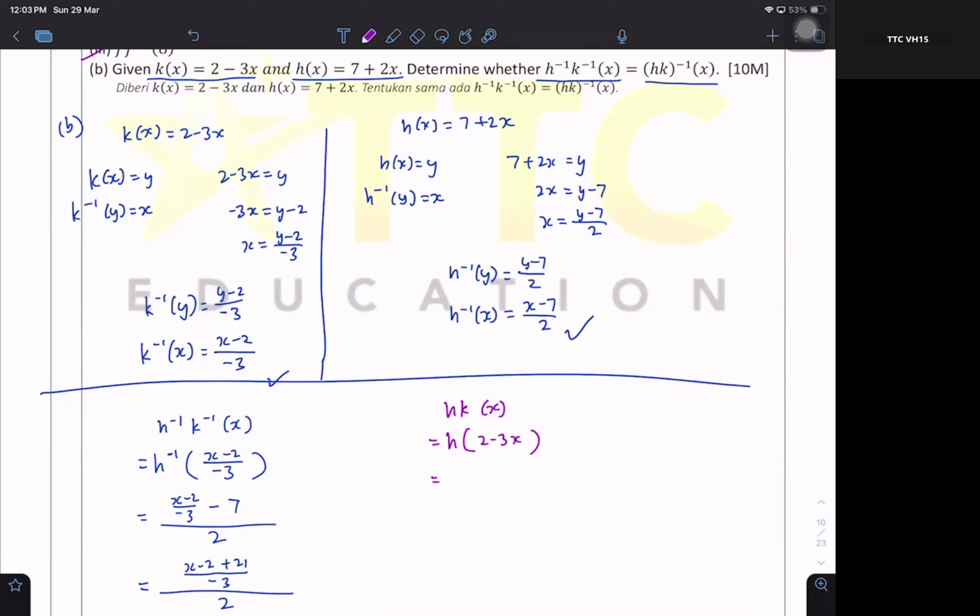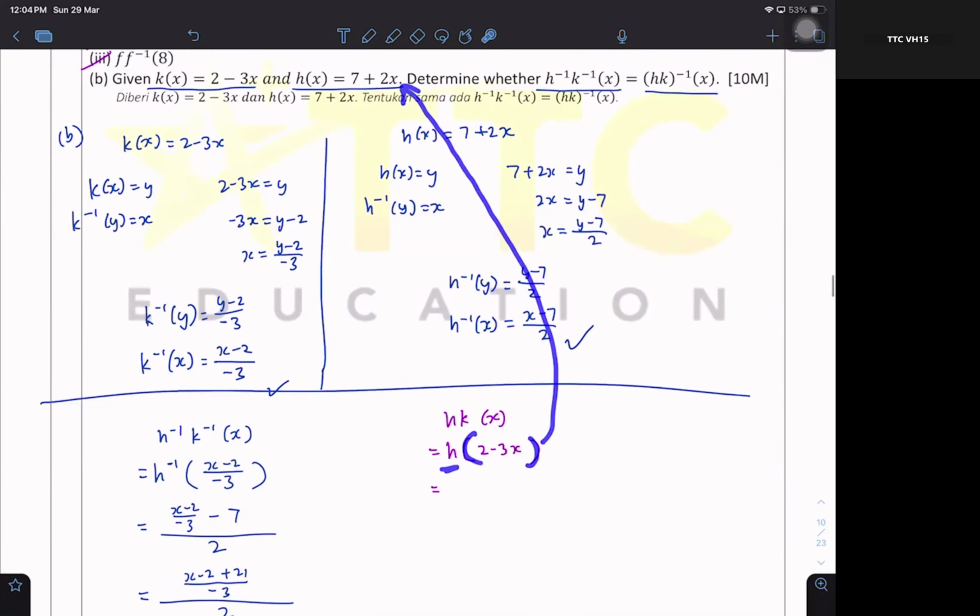Then again, the most important thing is to take the bracket and sub into x, right? Sub to where? This bracket belongs to who? This bracket belongs to H. So you take this bracket and sub into the function H. It becomes 7 plus 2 bracket.